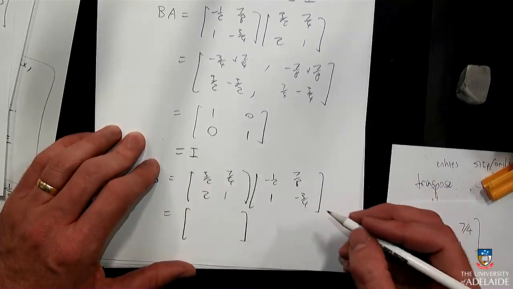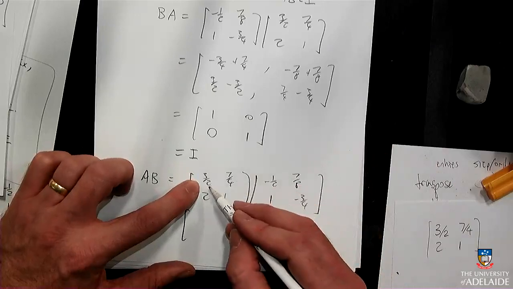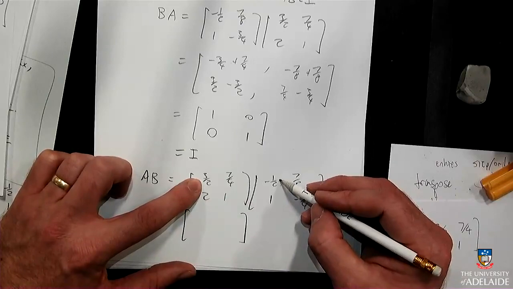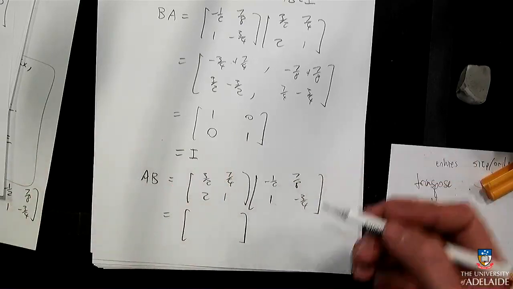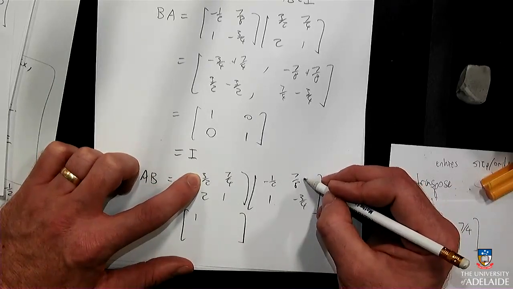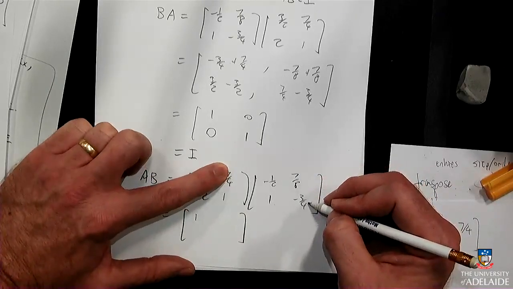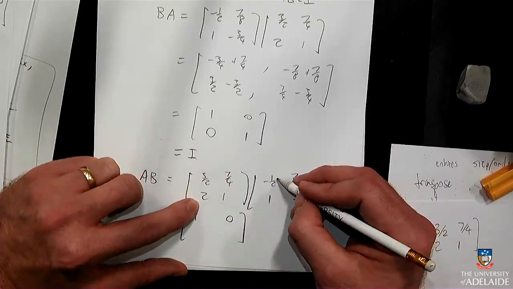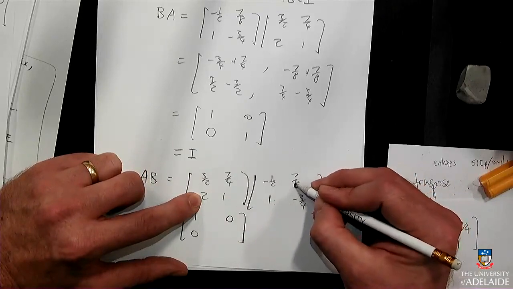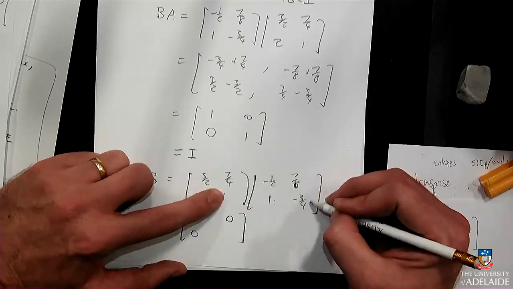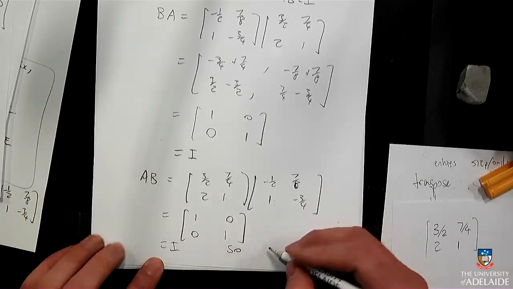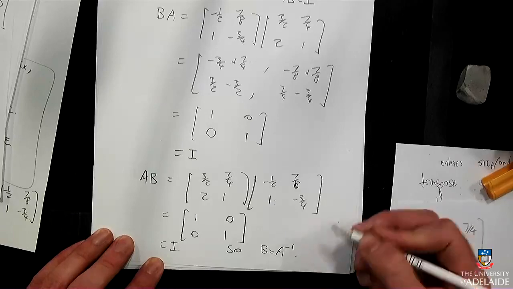Yes, yes. 3/2, 7/4, 2, 1 times that. Okay, so we've got minus 3/4 plus 7/4. We've already done that. That's 1. 21/16 minus 21/16 is 0. Minus 1 plus 1 is 0. 7/4, that's what I get when I do 7/8 times 2. 7/4 minus 3/4 is 4/4, which is 1, which is the identity. And so B is A inverse.